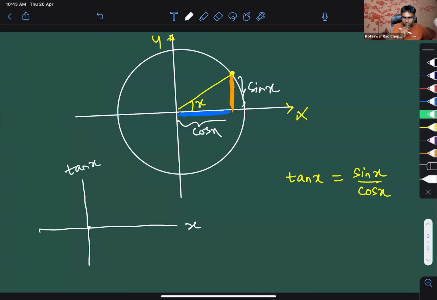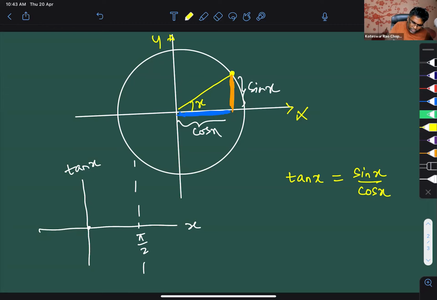Okay, but now understand this. When you hit pi by 2, your cos becomes 0. That is not acceptable. Because your cos is becoming 0, if you are to the left of pi by 2, the values should become very large.